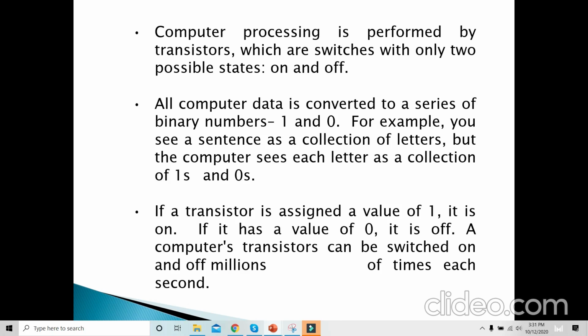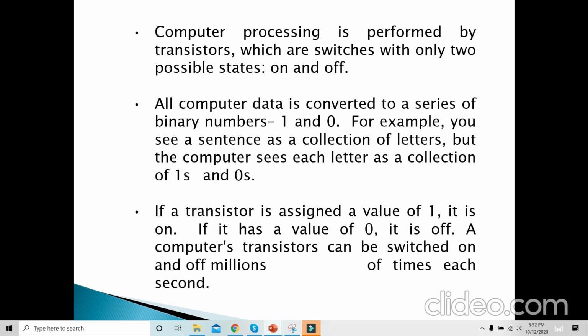So if the transistor connected in the storage or memory is assigned a value of 1, it is connected, it is on. So that's 1. If it has a value of 0, it is off.